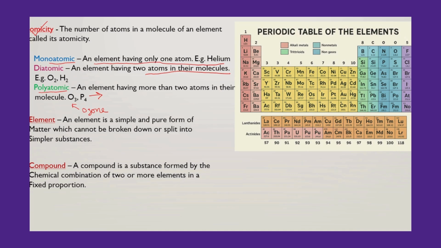Now the question comes, what is an element? We have heard about different types of metals, different gases, isn't it? For example, oxygen, carbon dioxide, nitrogen, all these are gases that we have already heard of. Now on this side you can see a table is given.